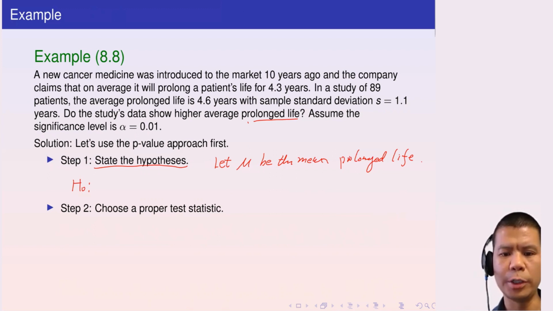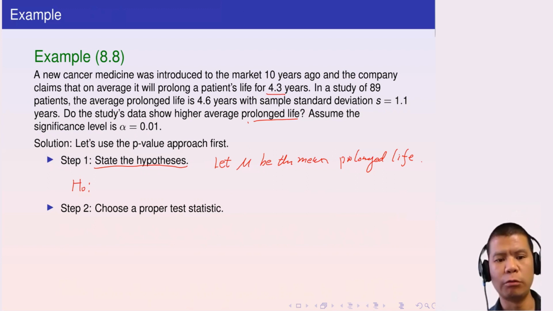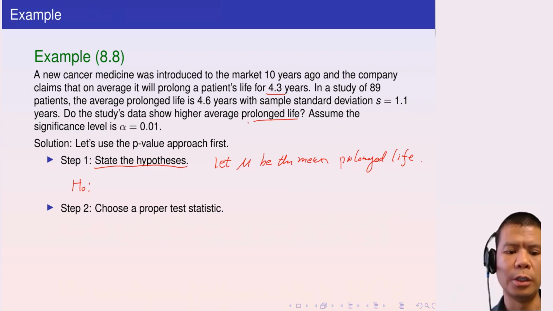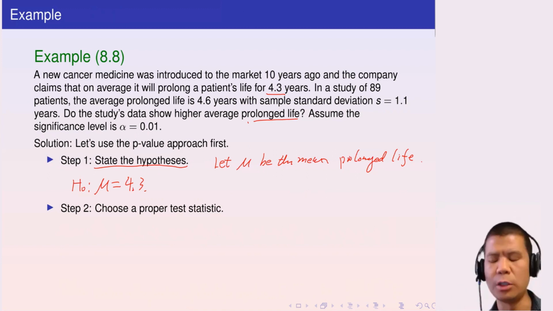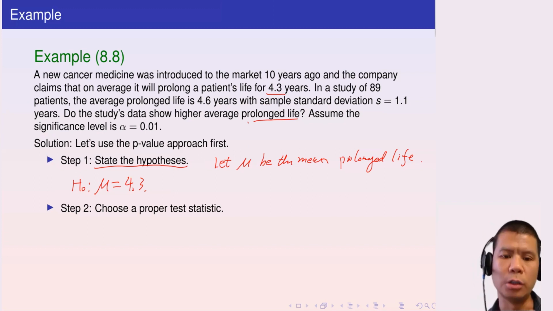It's about the population. I think this 4.3 on average is for the whole population. So that is mu equals 4.3. It's not 4.6, right? The 4.6 is a value about the sample of 89 patients. So the hypothesis is always about the population.